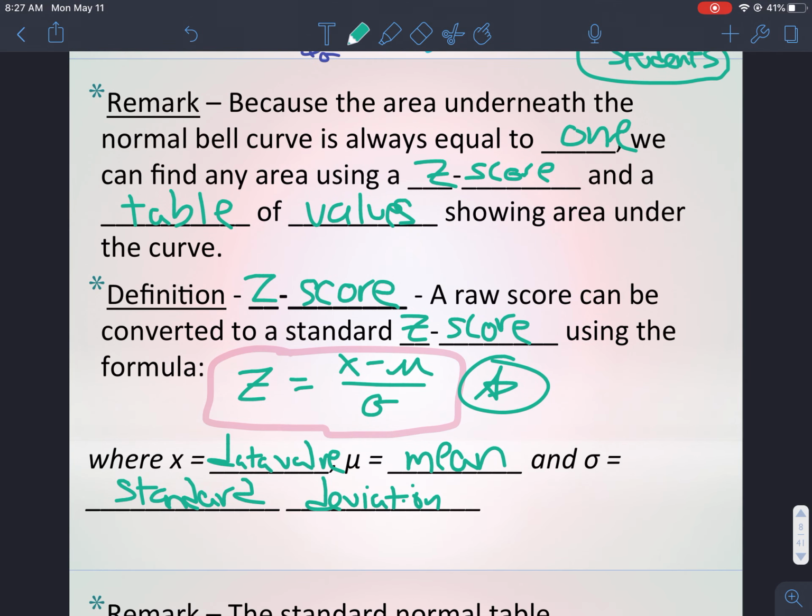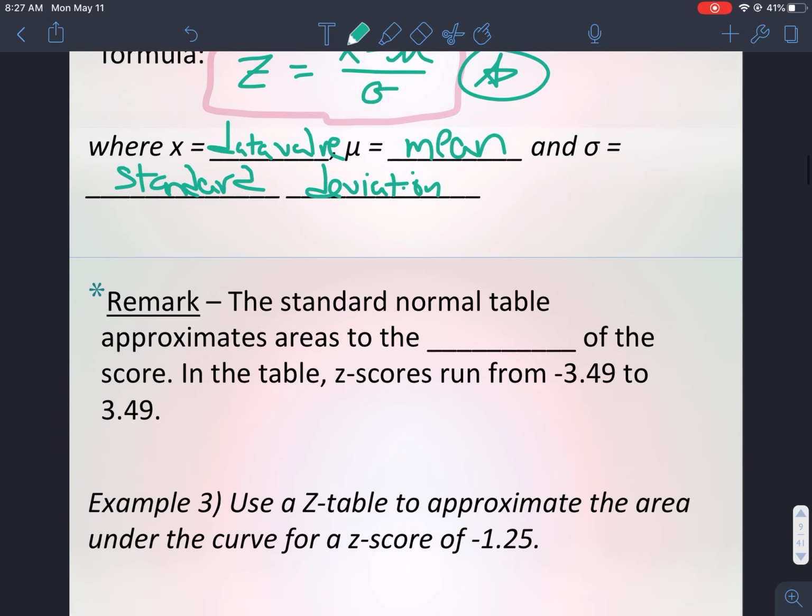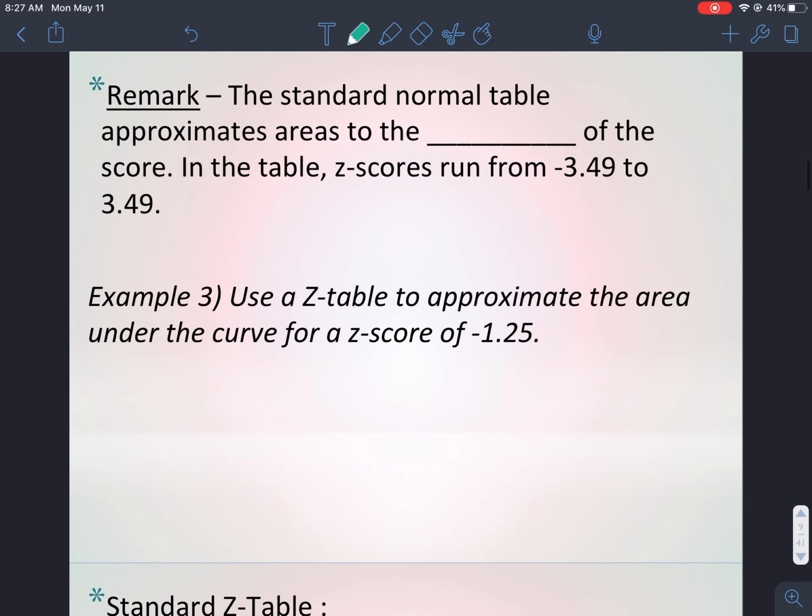We're going to see that shortly. The standard normal table approximates areas to the left of the score. In the table, z-scores run from negative 3.49 to positive 3.49.